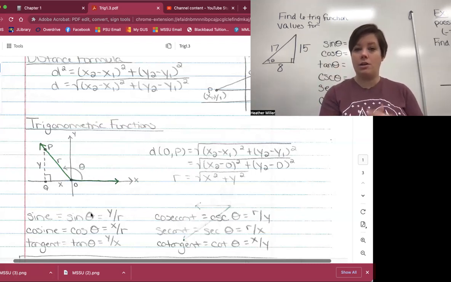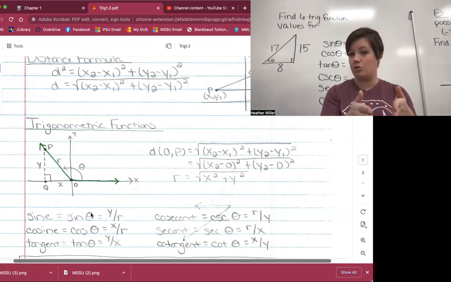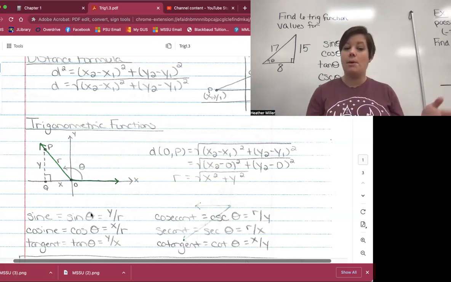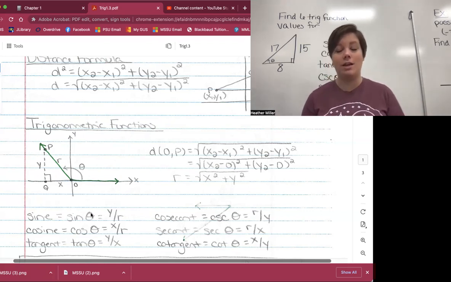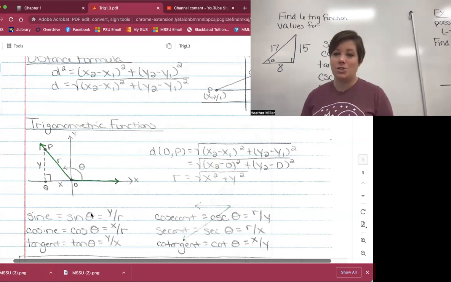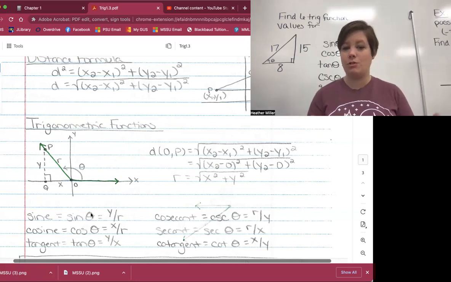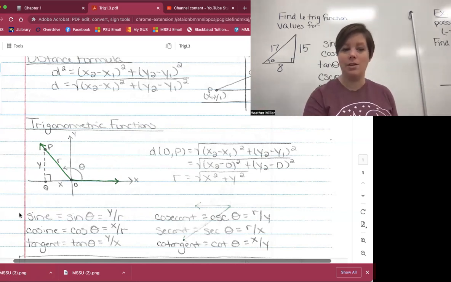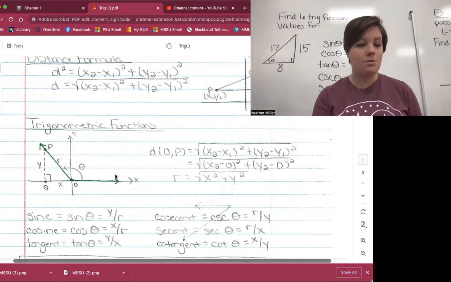All of our trigonometric functions have a 3-letter shortened version that we actually use. But I did write out the words so that you can see how they are pronounced. So as you read problems, if they spell it all the way out, you know what they're asking you for. Most of it's straightforward: sine is S-I-N, cosine is C-O-S, tangent is T-A-N. It's usually the first 3 letters.